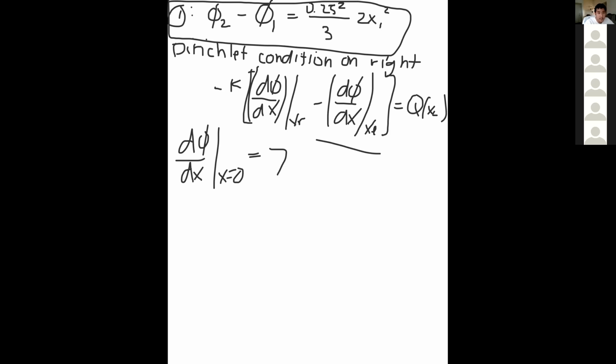So where d phi dx at x equals 0 is equal to 7. Okay. So instead of crossing out this term, we can just replace this with the condition. So in the last part, we replaced it with 0, so it just canceled it all out. But if this was equal to 7, we would replace this with a 7. Right? So in order to apply Neumann conditions, you just look for the derivative that you're going to replace, and then just replace it with the appropriate value that they give you from the problem.